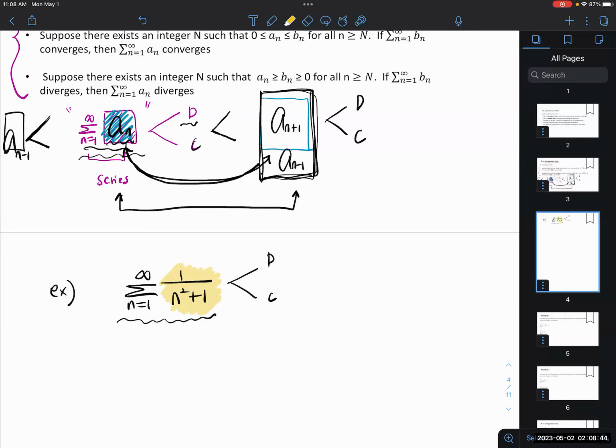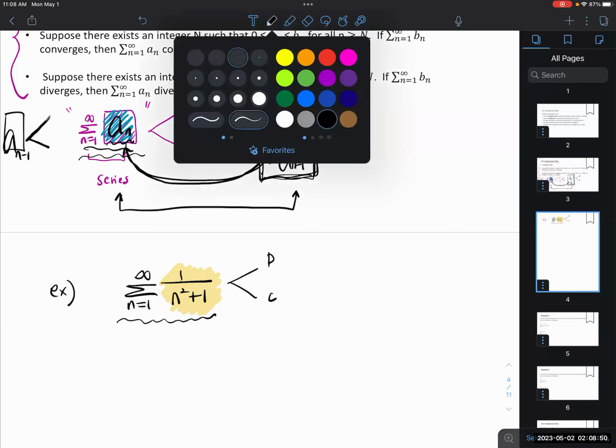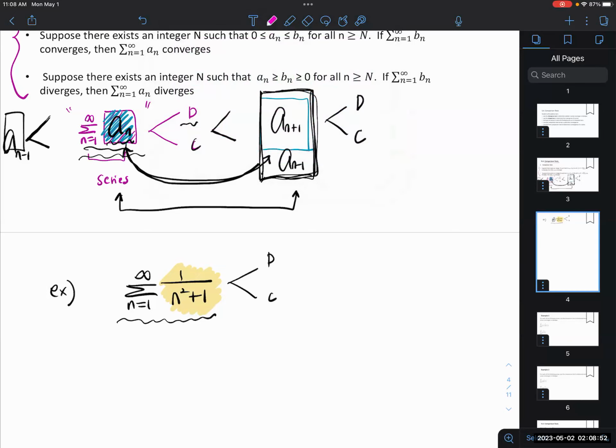How do we compare this one to another one? You're going to create something that is really close to 1 over n to the second plus 1. Usually, you're going to look at the first term of the denominator, so I'm going to compare this one with 1 over n to the second.